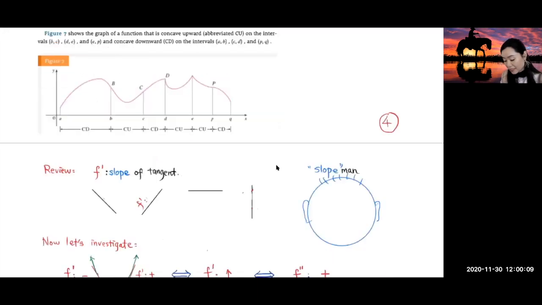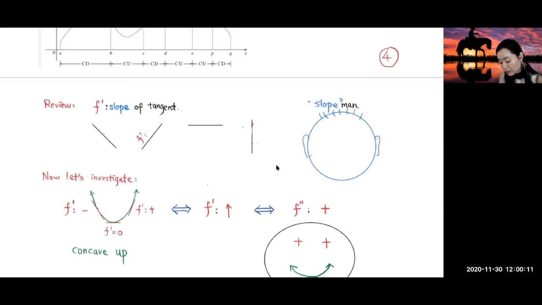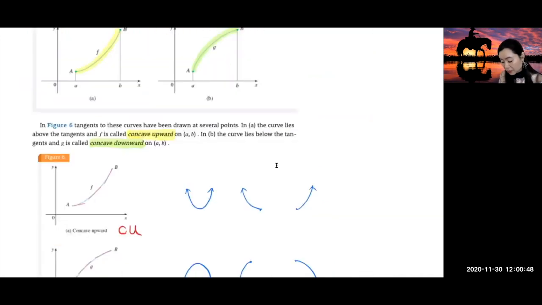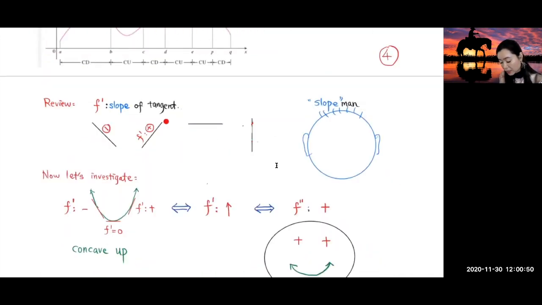Now let's review the slope of the tangent. When you have a negative slope, the graph will be decreasing like this, right? And when you have a positive slope, the graph will be increasing. And vice versa. When the function is increasing, the first derivative will be positive, right?